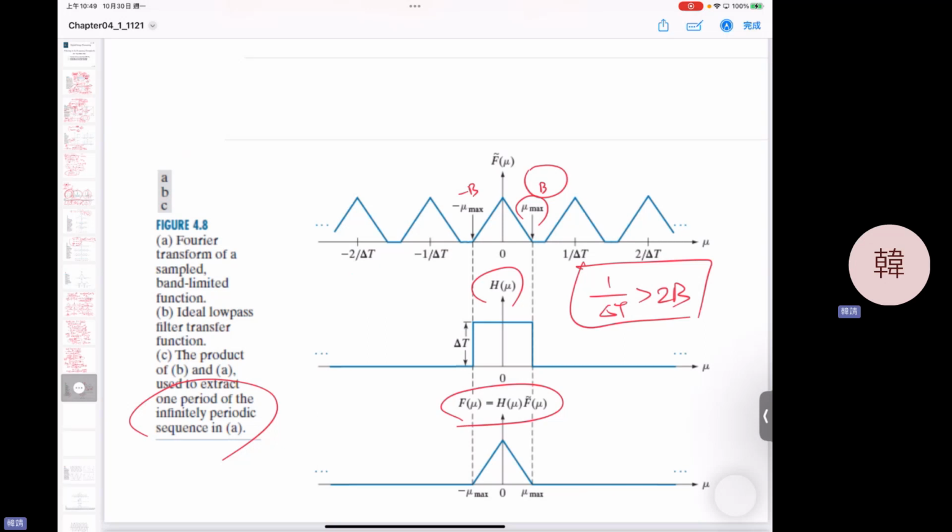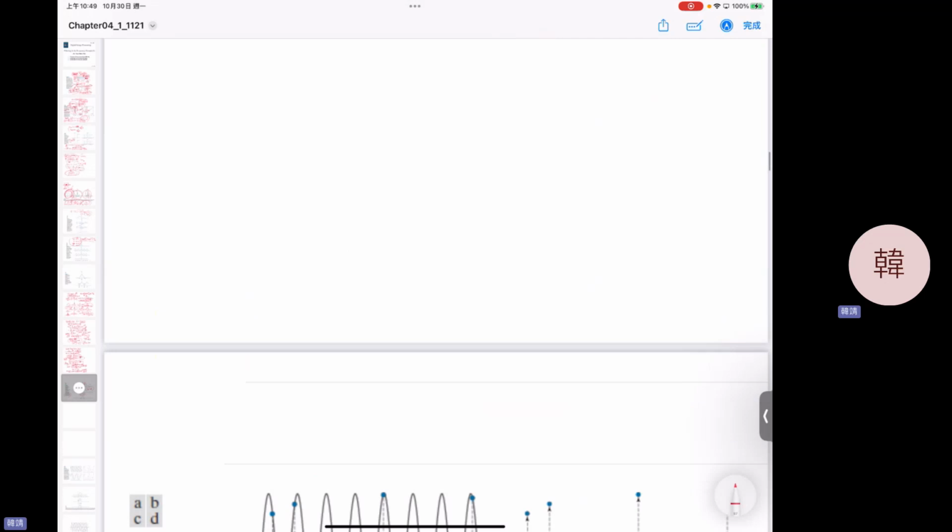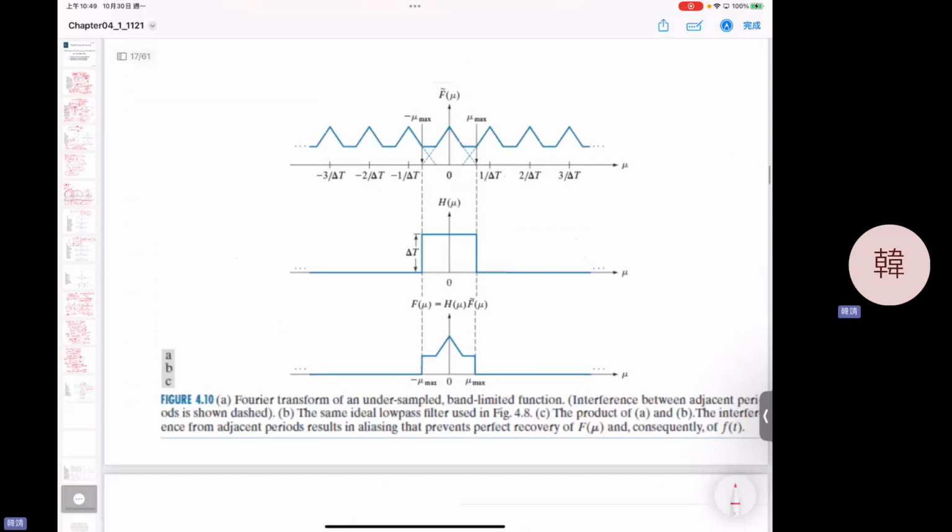This is B to minus B, so the width of your signal is 2B, or 2 mu max. The sampling rate must be higher than that. That's the second requirement: your sampling rate must be high enough to maintain your original signal and get the right result. If you didn't do that, your sampling rate is not high enough, unfortunately.